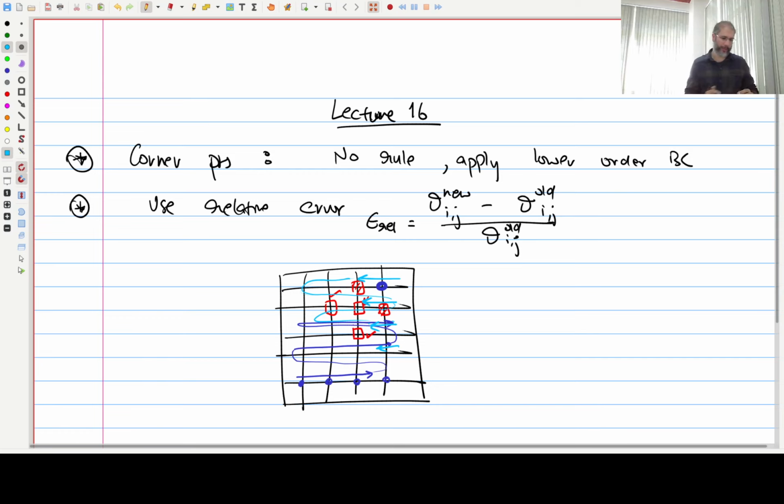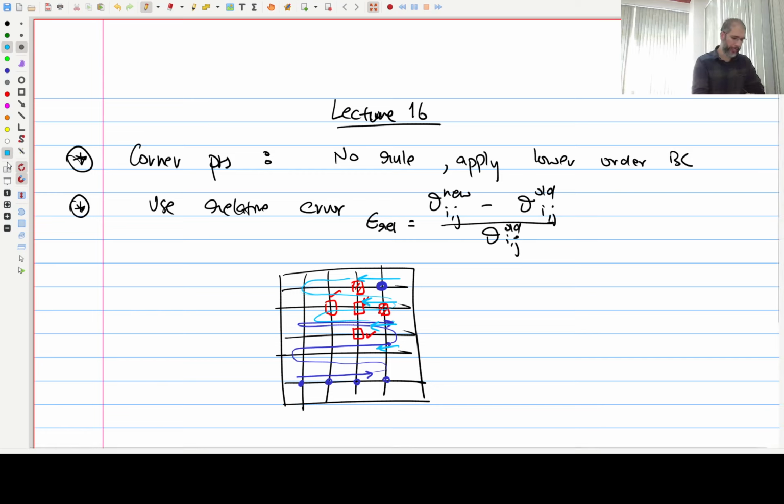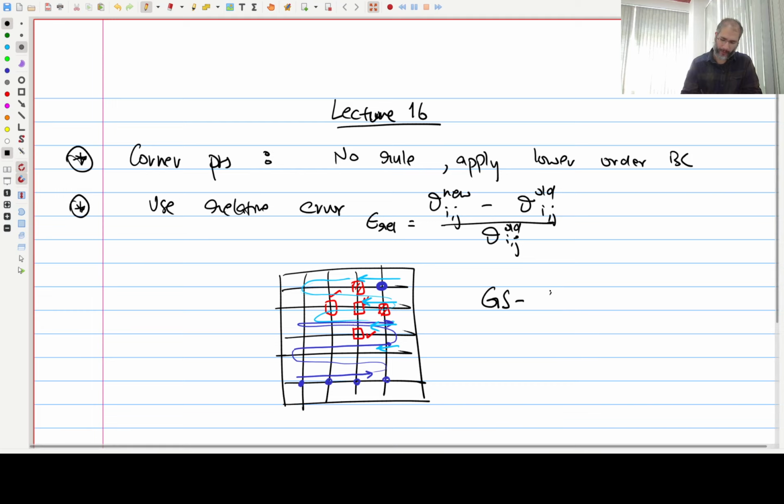So this method where you change the sweep direction is still Gauss-Seidel, but it's called symmetric SOR.